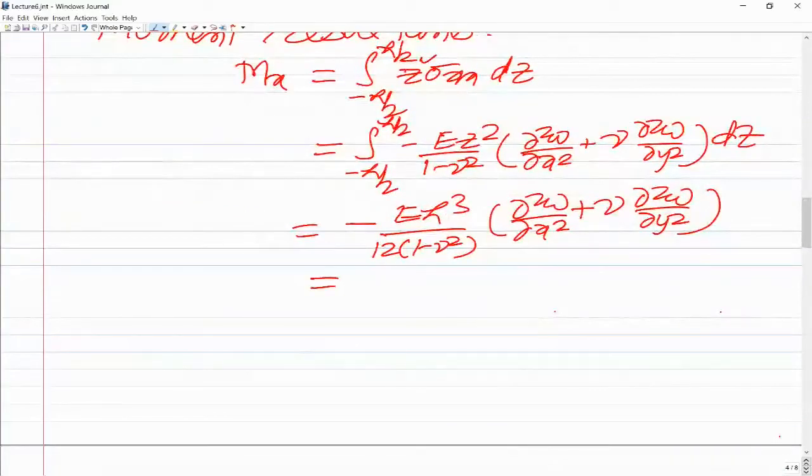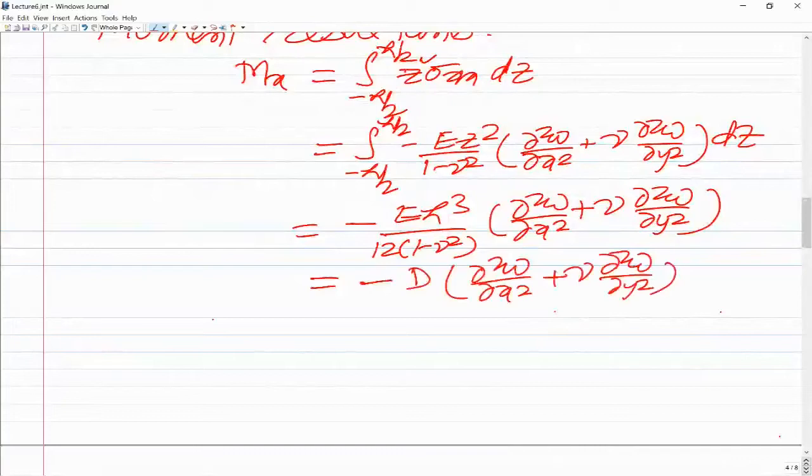Now this quantity Eh cube upon 12 into 1 minus nu square is known as flexural rigidity. We usually denote it by D. So we can write this as minus D into del 2w by del x square plus nu into del 2w by del y square.